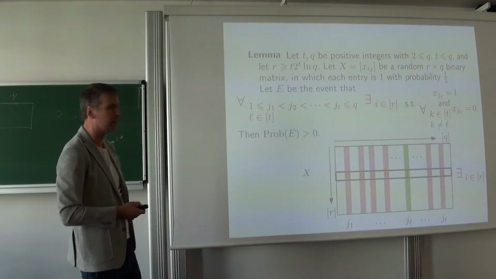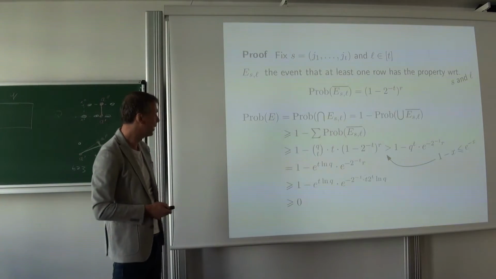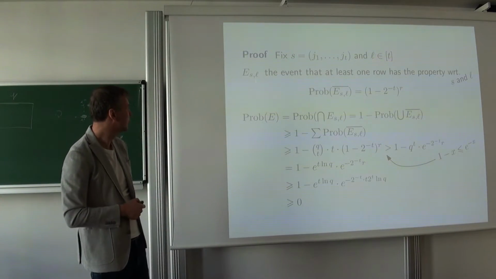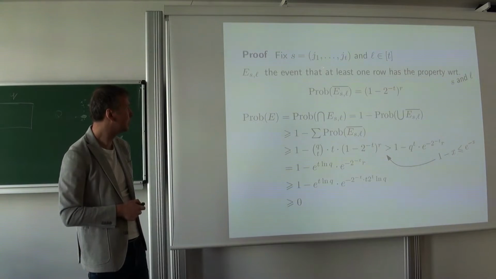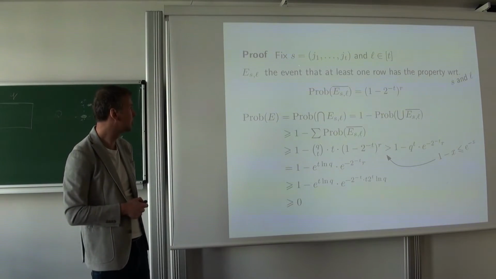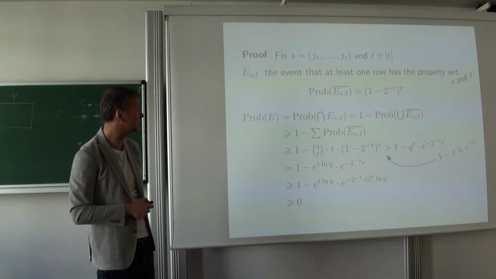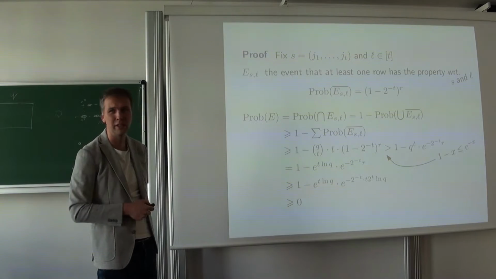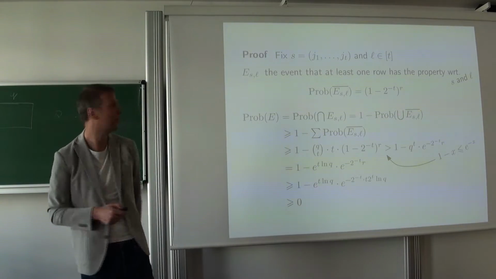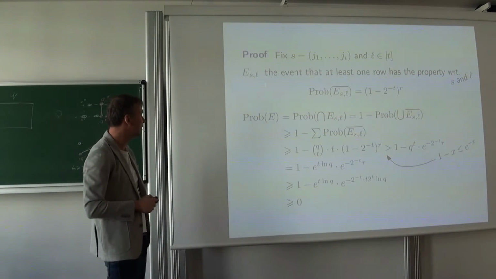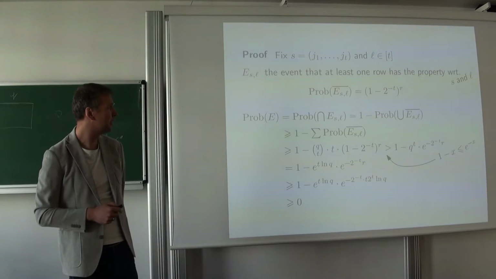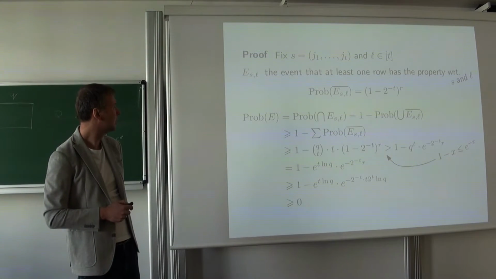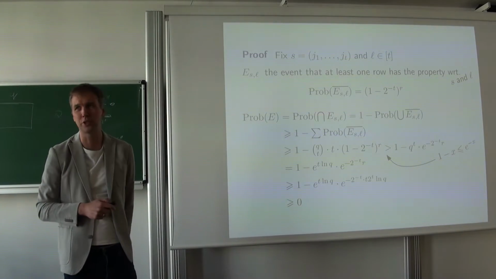So instead of looking at this one big event, I elect here to discuss small events. So you give me your choice. Your choice of columns is S, so t columns, and one of them really highlighted. L is the index of the really highlighted column. Now the event E_S is the event that I have a row for this choice.